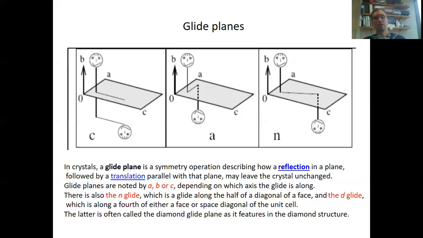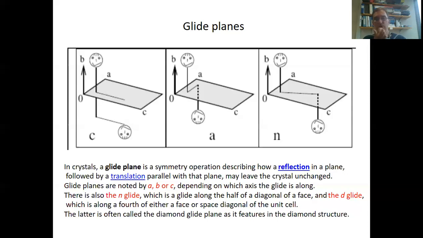Last but not least, a D-glide plane is also possible, and then you translate along a fourth of either a face or the space diagonal of the unit cell, and then you reflect.